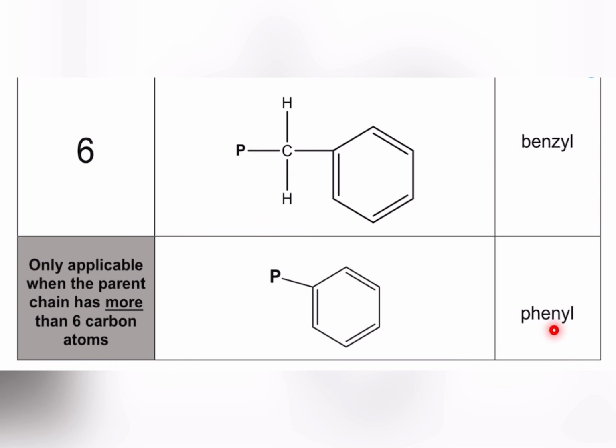However, for the next structure, when your benzene ring is directly attached to the parent chain, this benzene ring that I highlight here will be your substituent. So the name of it will be phenyl. And this one is only applicable when the parent chain, in this case, has more than 6 carbon atoms. For example, you got heptane, octane, or decane.